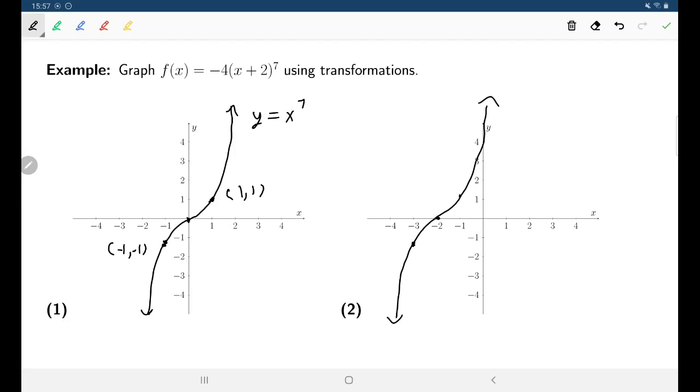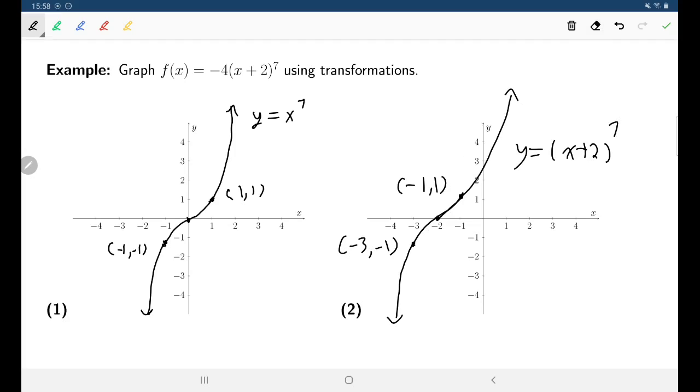So the point -1, -1 has moved to -3, -1. 0, 0 is now at the point -2, 0. And 1, 1 has moved 2 to the left to -1, 1. And there we go. This is my graph of y equals x plus 2 to the power of 7.